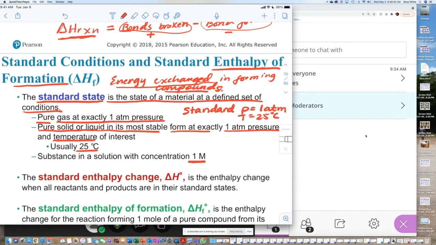So now that we know all these conditions, we now can perform what our target was, which is to figure out how much energy does it require to make a compound. What is the energy required to form a compound? Okay? So we're told here the standard enthalpy change, delta H, is the enthalpy change, which is the energy exchange when all reactants and products are in their standard states.